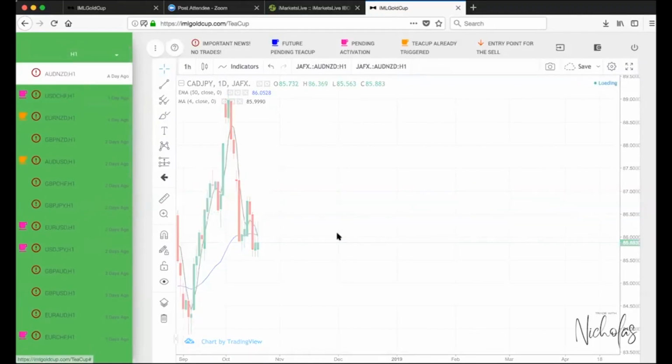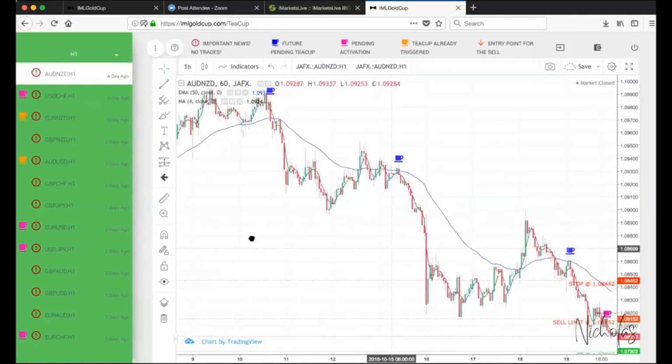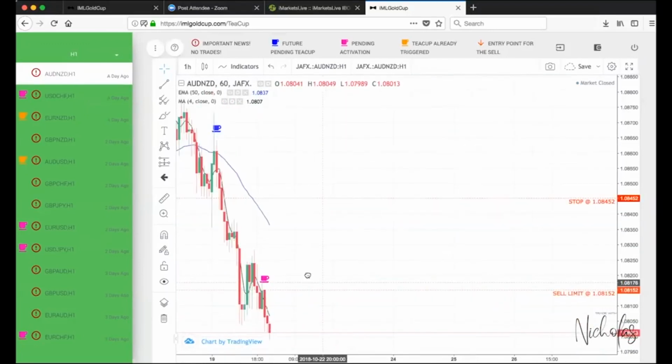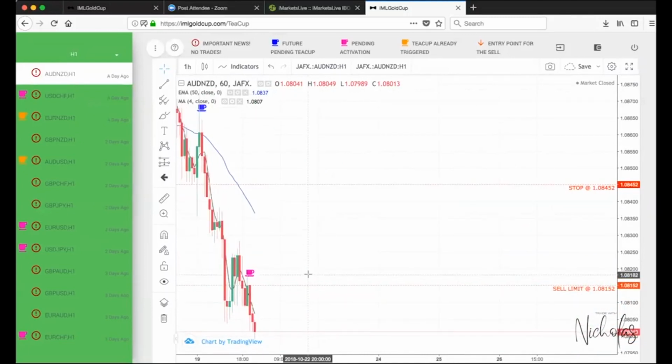It's the last thing I'm going to show you. Please bear in mind and be mindful of this. This chart is reflective if you were using a broker called JFX.